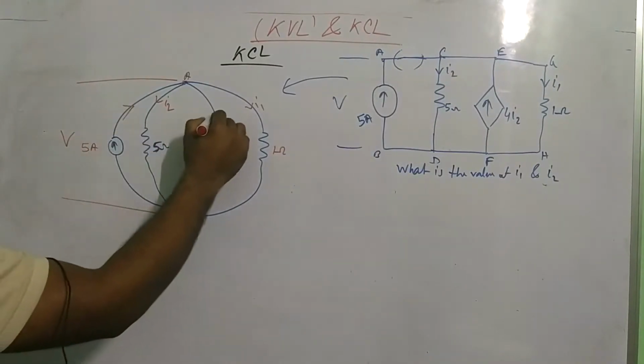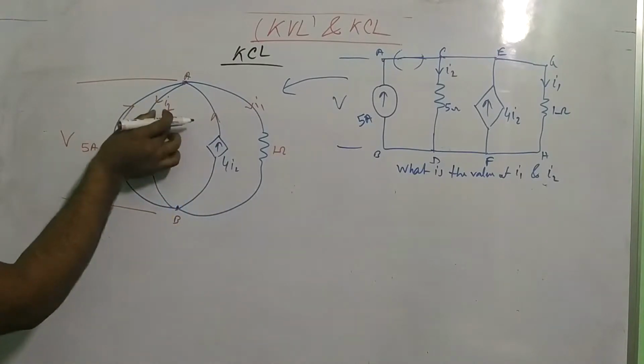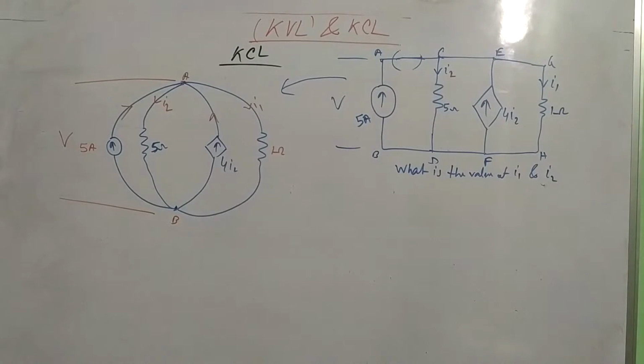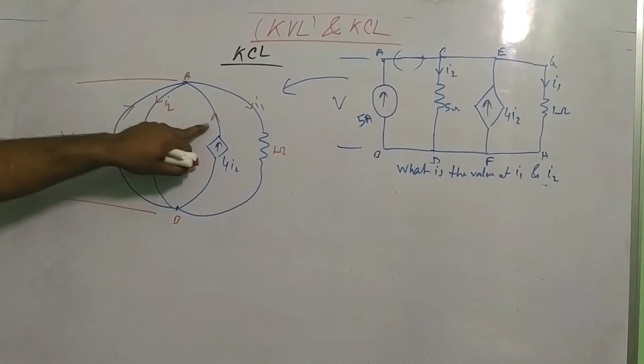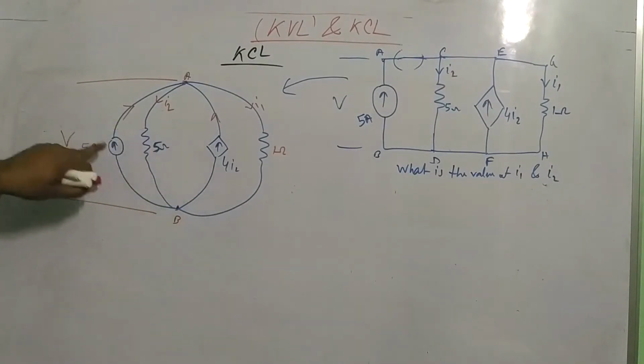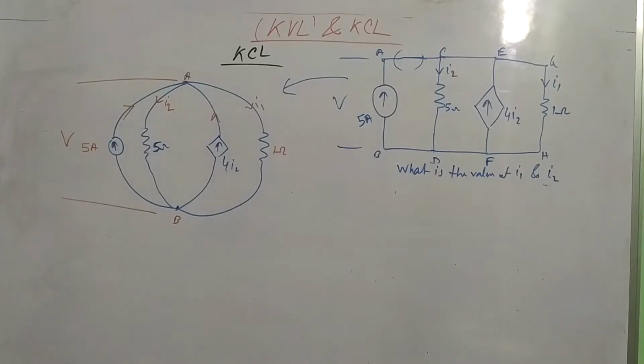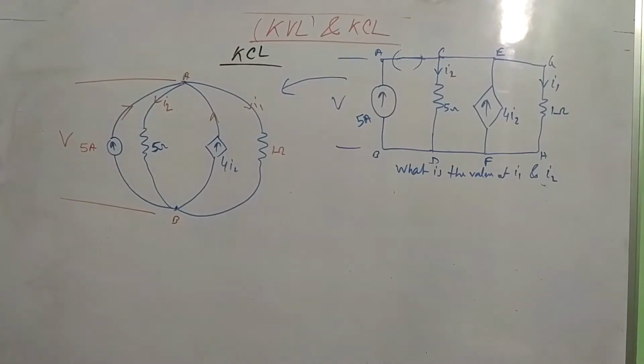The direction is upward, and the currents I1 and I2 are in the downward direction. That means these two current sources are incoming and I1 and I2 are outgoing from point A.